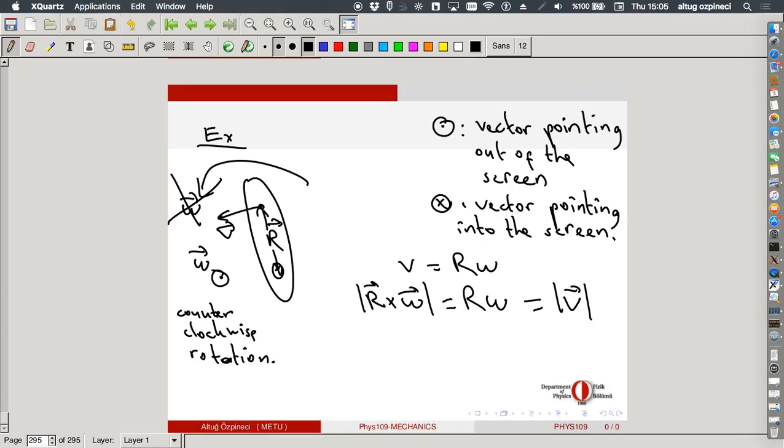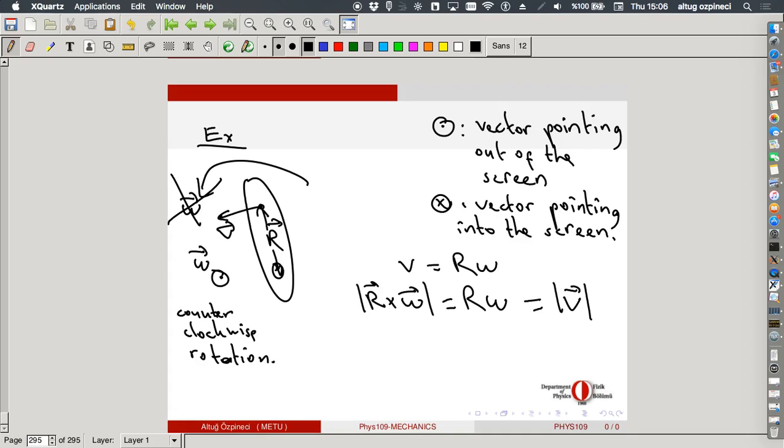So we started with r cross w, and we said that this has the same magnitude as the velocity vector. So what can you say about the direction of r cross w and the velocity vector? What is the direction of r cross w? This is r, this is w. For r cross w, just imagine this r vector rotating towards w. Your fingers go in the sense of the rotation, then your thumb is pointing in this sense.